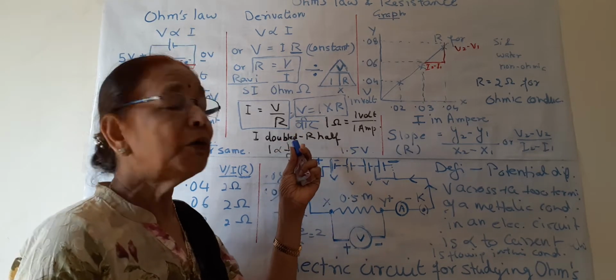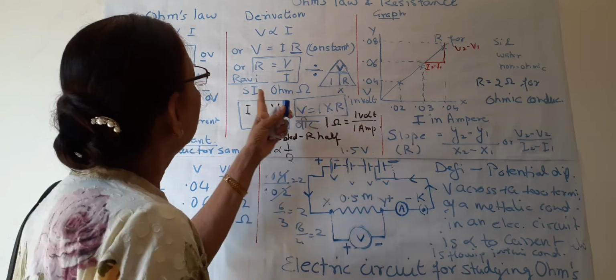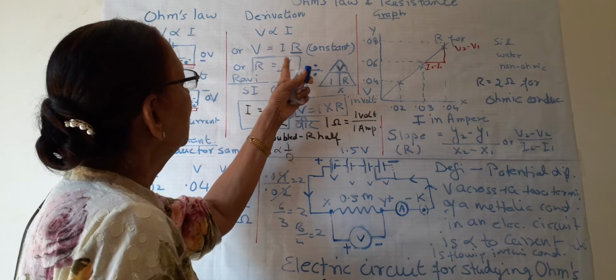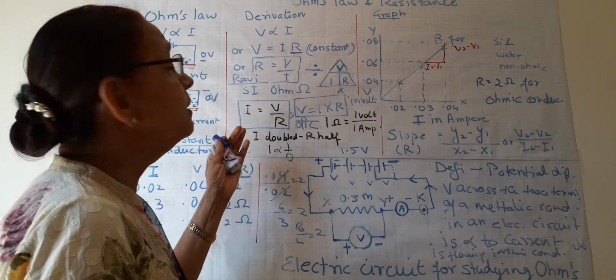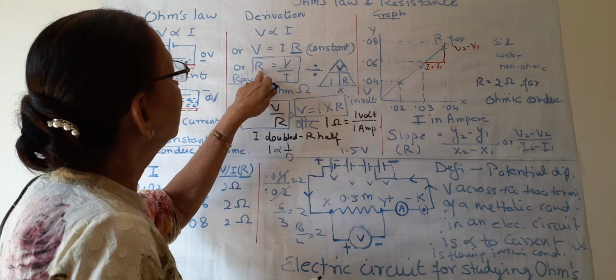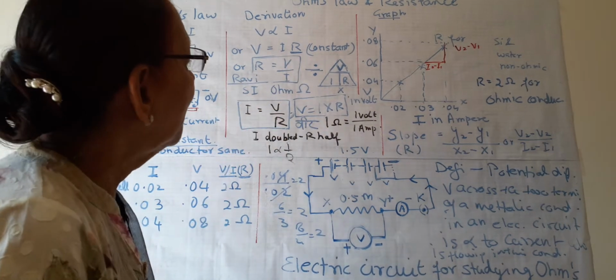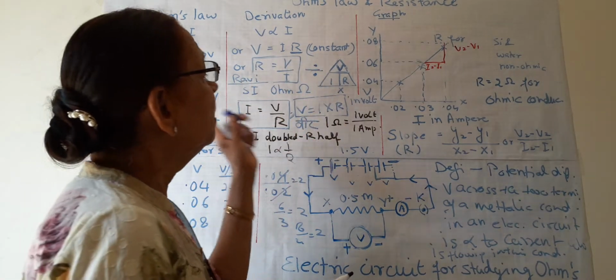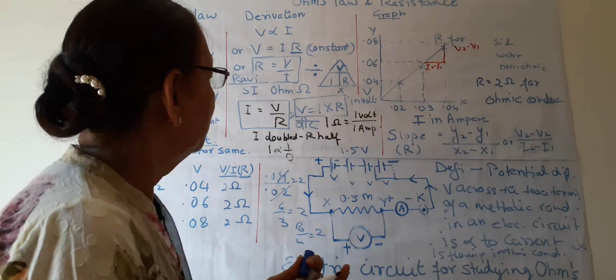It can also be the name of a boy. So V is Veer and this is Ravi. And this is left. You can learn this. If I is here, then R is here, then I is equal to V by R. So these three formulas for Ohm's law are very, very important.